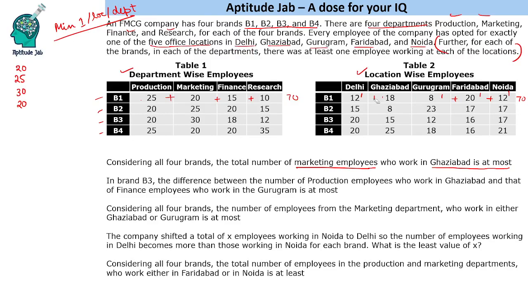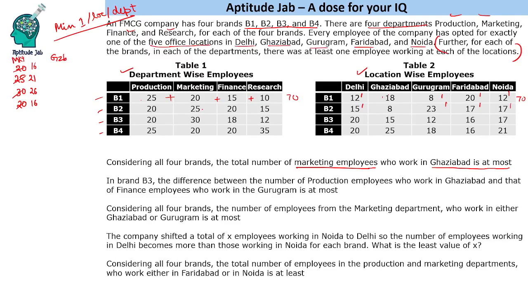We have to assign minimum one. So we can have maximum 16 left. Okay. Similarly, brand 2, there are 25 employees. We have to assign minimum 1 to each of the four locations first. So we have 21 as a possible. Similarly, 26 and 16 as the possible number of marketing employees across these brands. Now let us look at Ghaziabad wise.